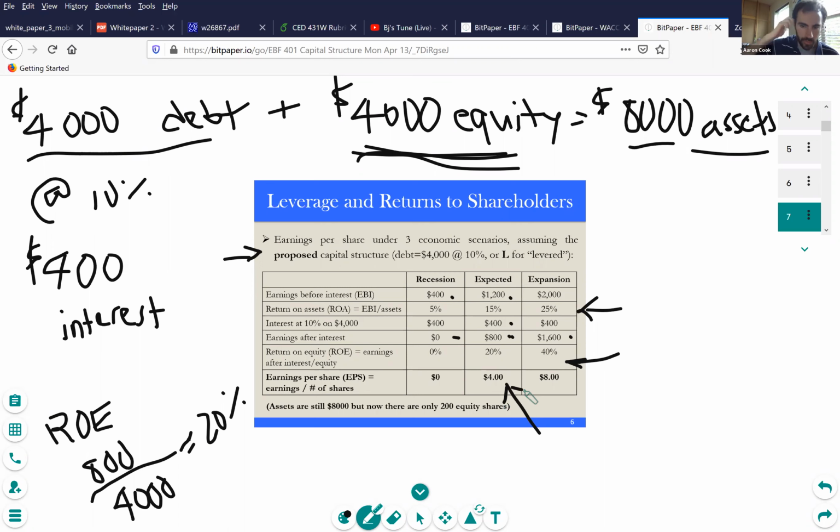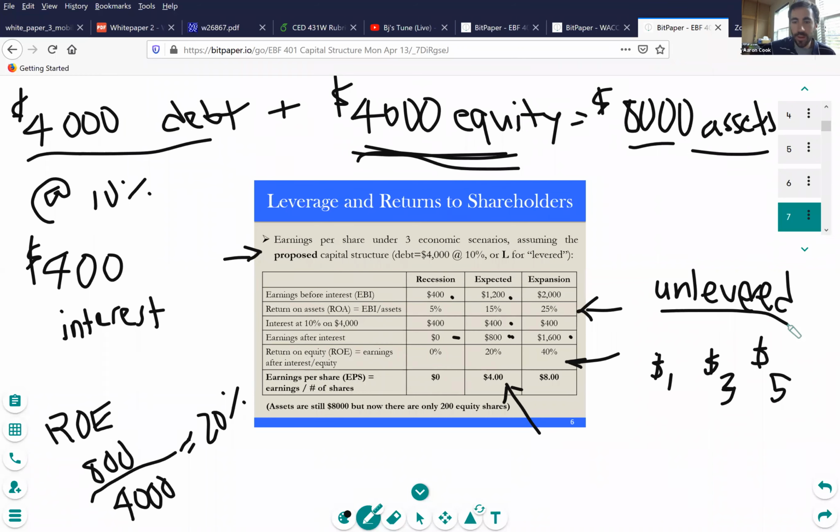If you remember, it was $1 per share, $3 per share, and $5 per share in the unlevered case, and now we have an increase in the expected earnings per share. On average, the earnings per share are higher, but the spread has gotten wider. Now there's an $8 spread between the low outcome and the high outcome, whereas before there was only a $4 spread.